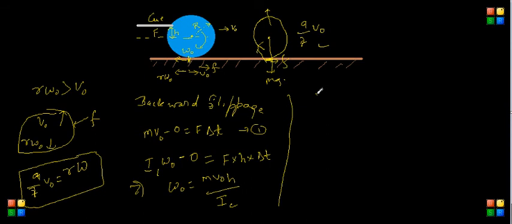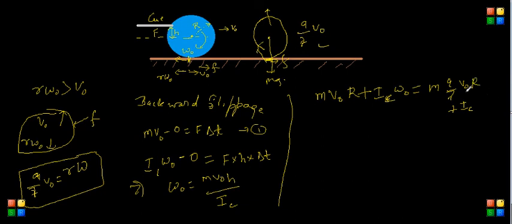Writing the conservation of angular momentum: from the initial condition, m v naught times radius r plus I C times omega naught. This must equal the final angular momentum, which is m times the velocity, now 9 by 7 v naught, times r, plus I C times omega.